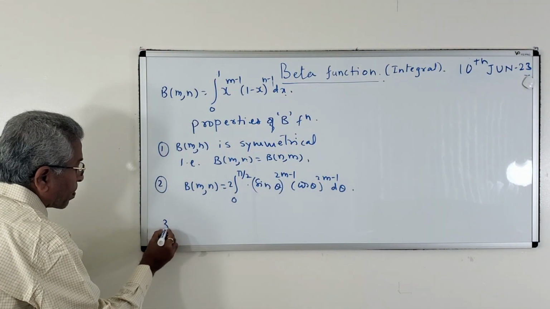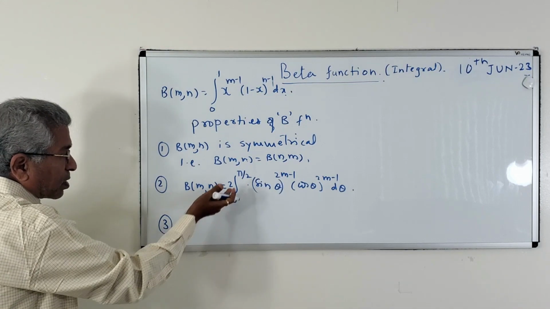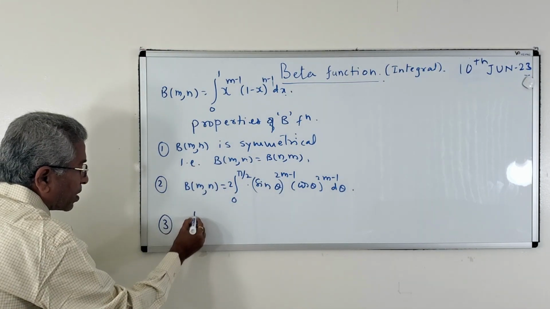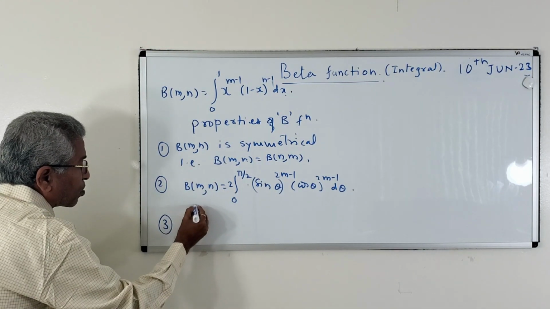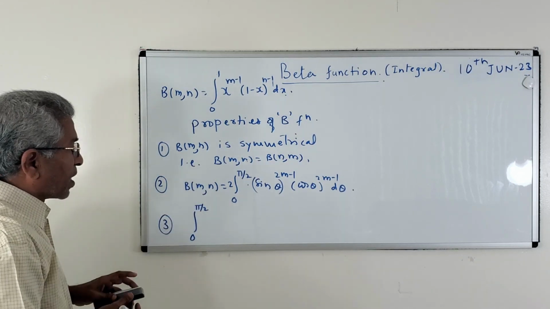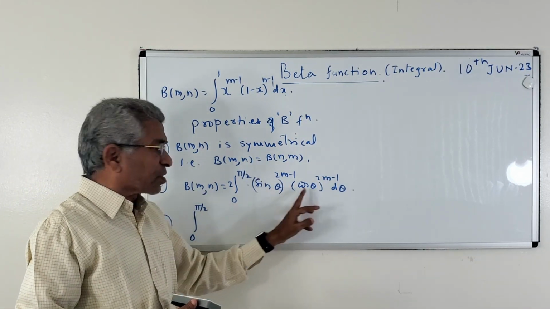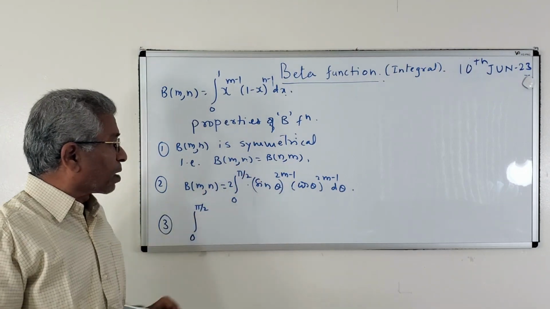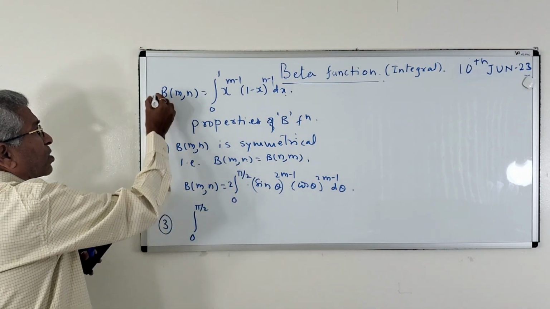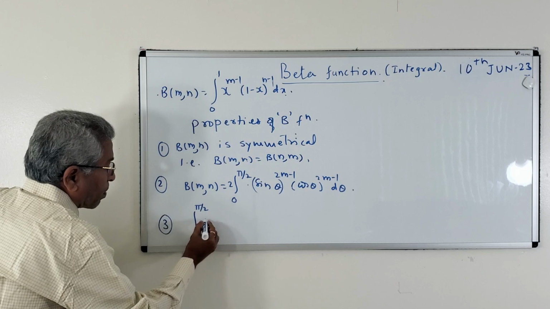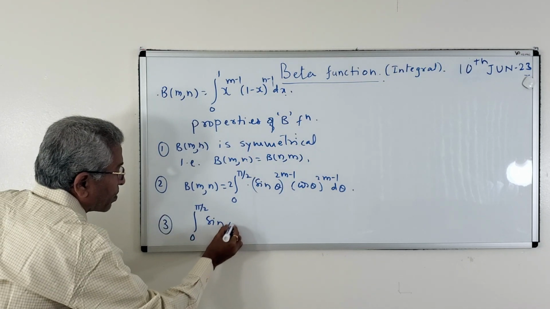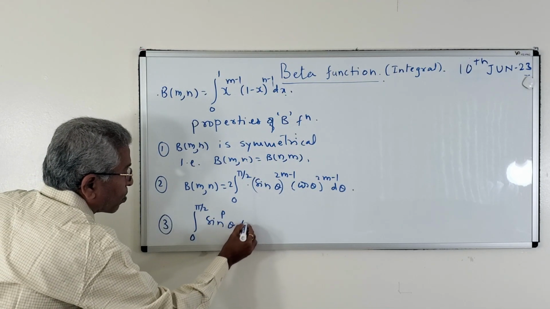Third one, it is the application of this property. Integral 0 to pi by 2. Limits are 0 and pi by 2. If the integrand is the product of trigonometric functions sine and cosine, limits will be 0 to pi by 2. But remember, this is a basic definition. So the integral from 0 to pi by 2 of sine theta raised to p into cos theta raised to q.